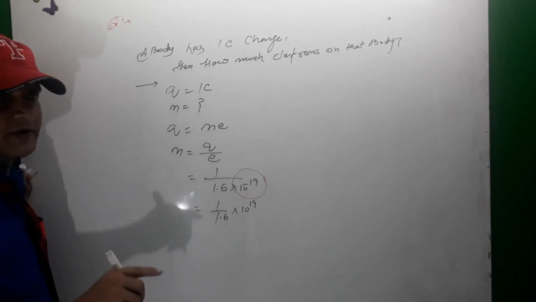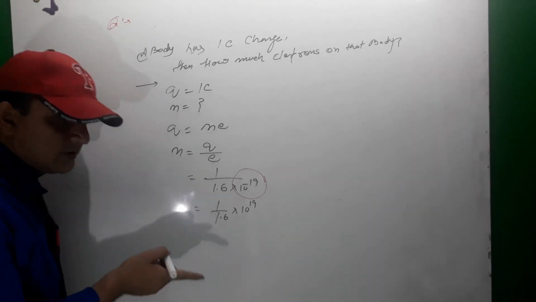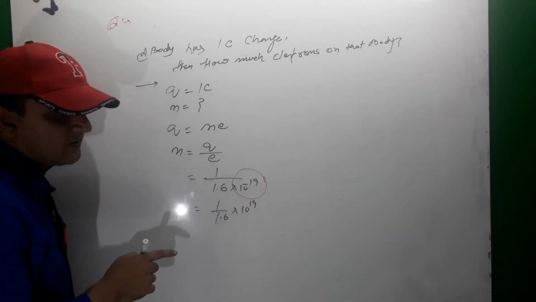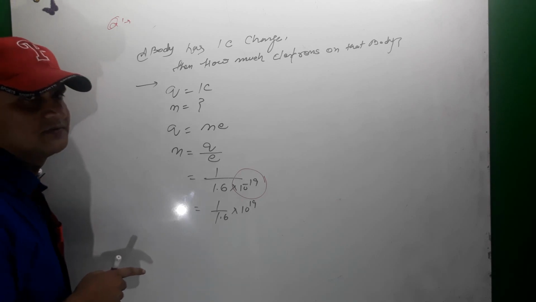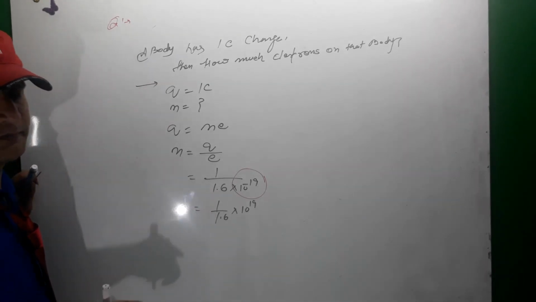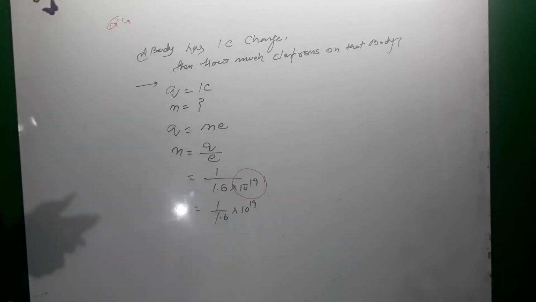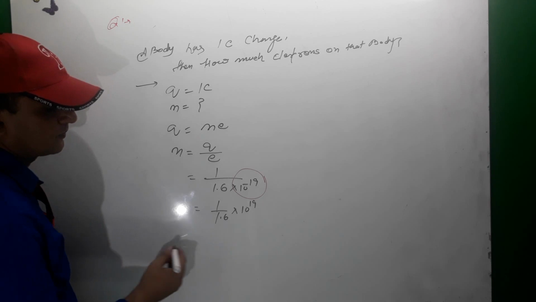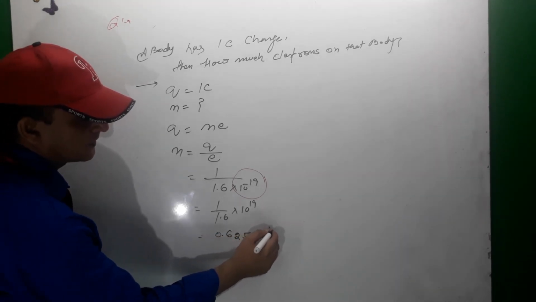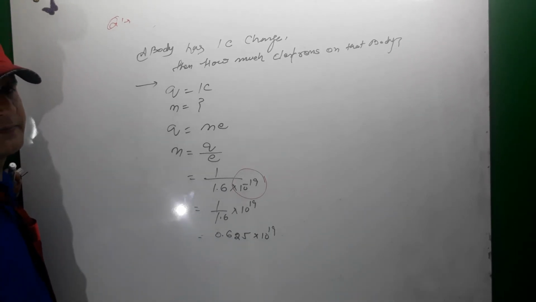When we move from denominator to numerator, or numerator to denominator, the sign of the power changes. Now you simply divide 1 by 1.6. You will get the value 0.625.